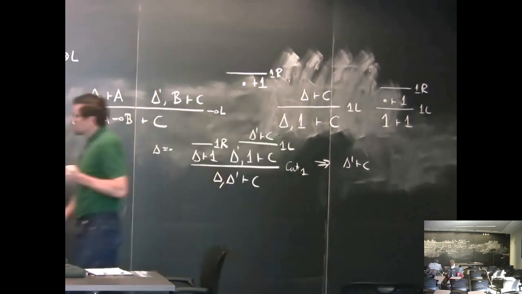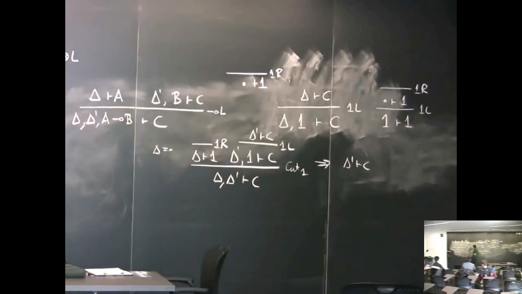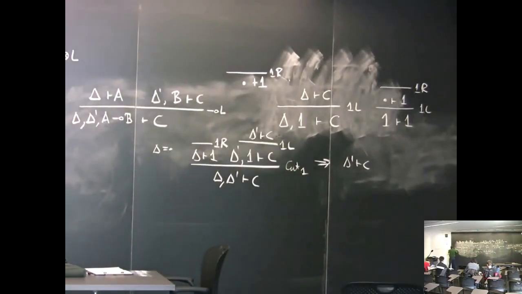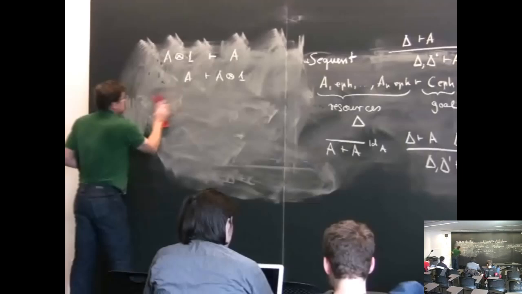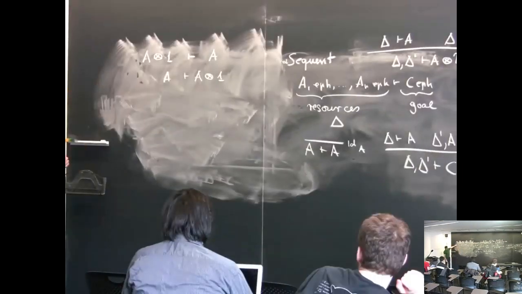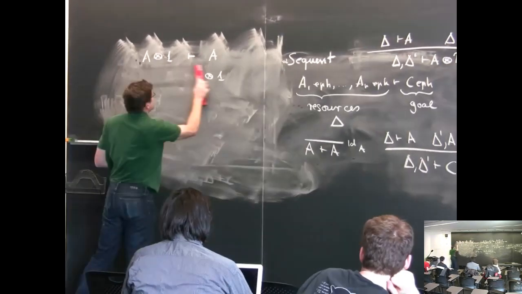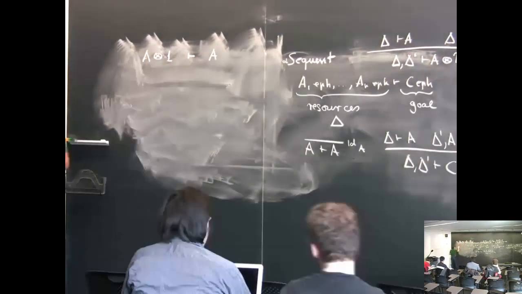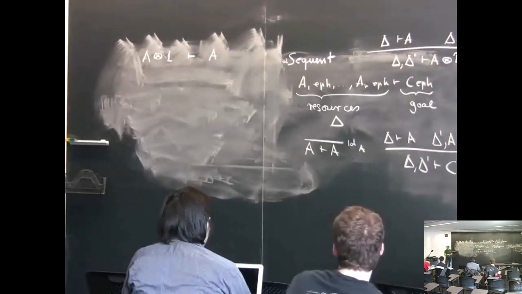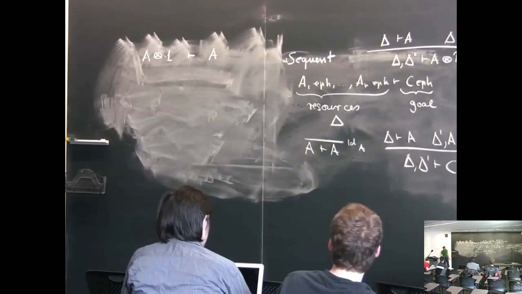Okay. So let's try to see what happens if we have some rules that don't actually work together. You should be able to verify these laws now. Actually, let's do one example. How about this one? A tensor 1 proves A. How do we prove that?